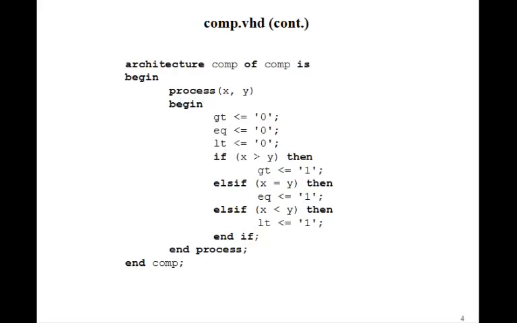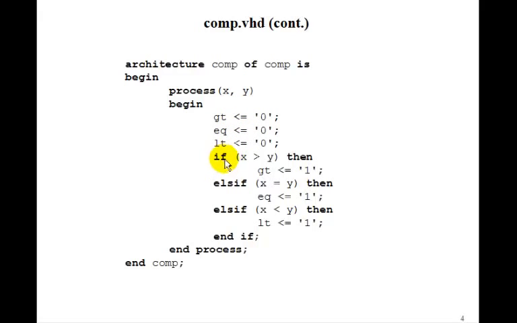Well, here's how you do it. You have a process with x and y in the sensitivity list, and then you just set greater than, equal, and less than to 0 to begin with. Now this is important because every time the process executes, that is any time x or y changes, we need to make sure that all 3 values get some value, either 0 or 1.